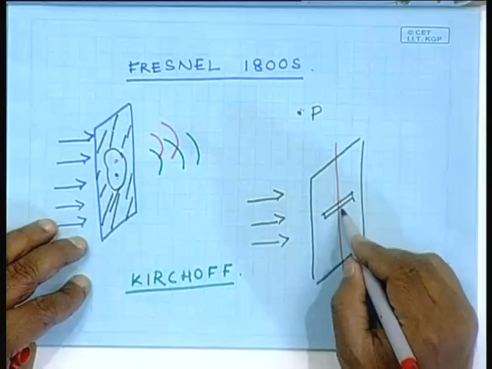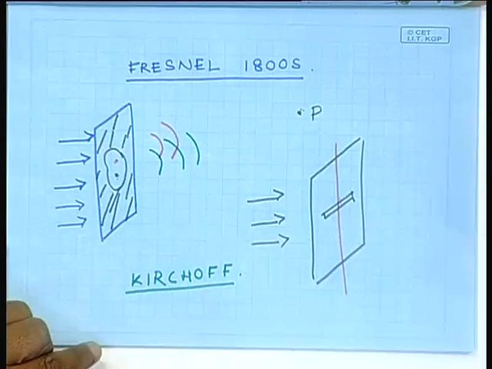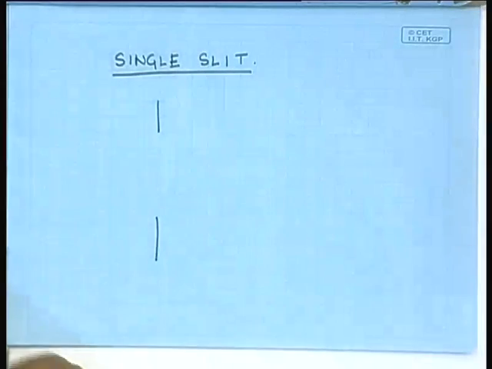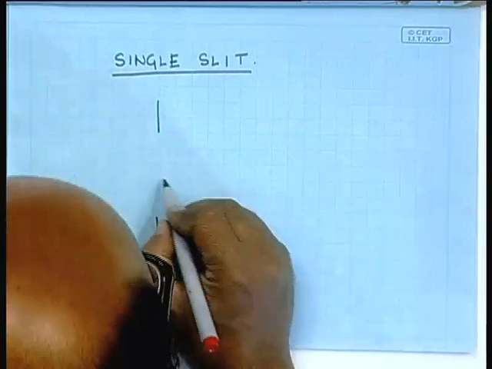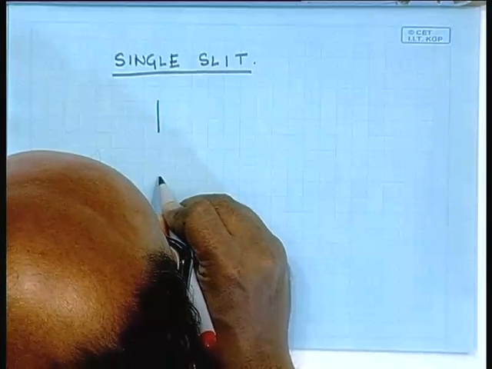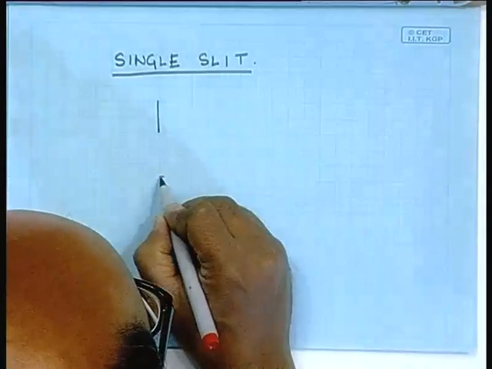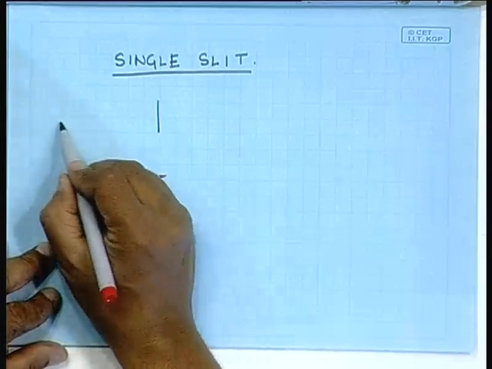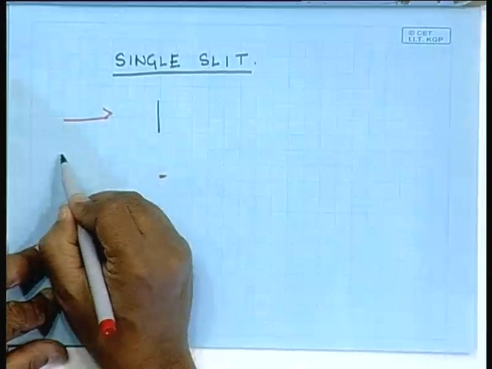I will focus only on the smaller dimension of the slit, and I have drawn it for you here. So, this is the center of the slit, and there is a plane wave which is incident on this whole thing.